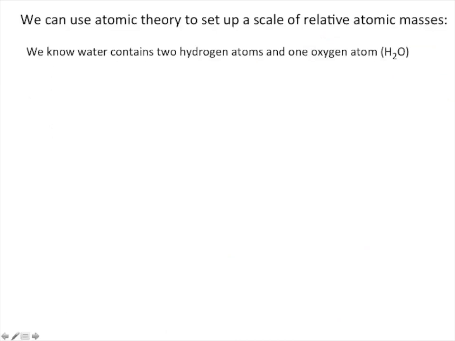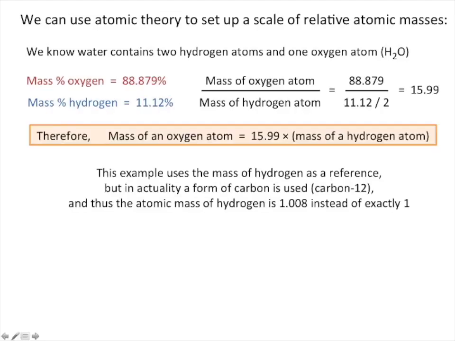So something we can do with atomic theory is set up a scale of relative atomic masses. Say we know water contains 2 hydrogen atoms and 1 oxygen atom. If we look at the mass percent of oxygen and the mass percent of hydrogen, and say we're going to use hydrogen as our reference point, hydrogen is 1, whatever we're talking about. In this case, it's going to be atomic mass.